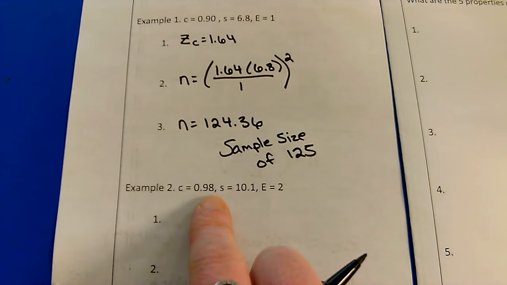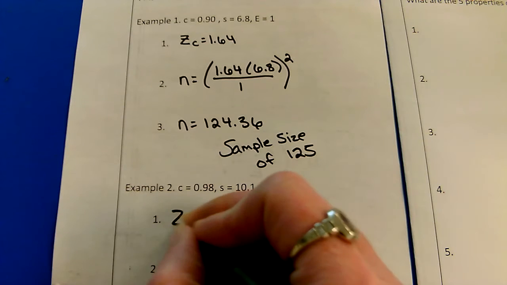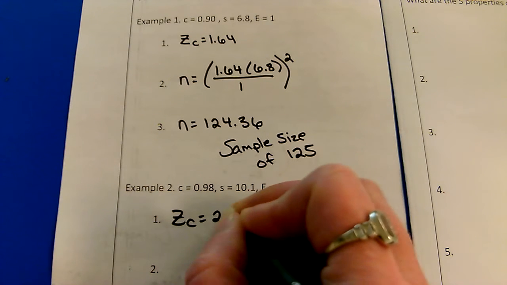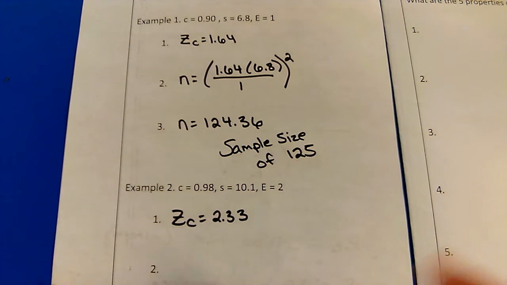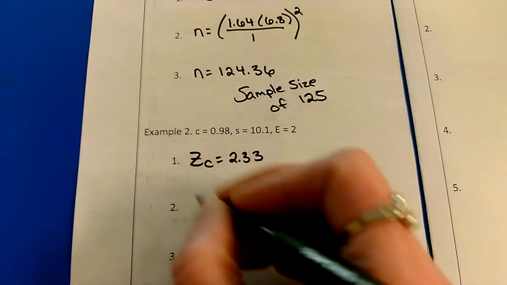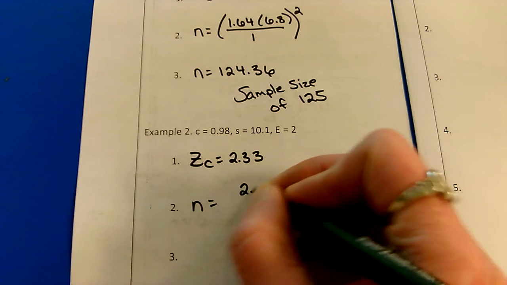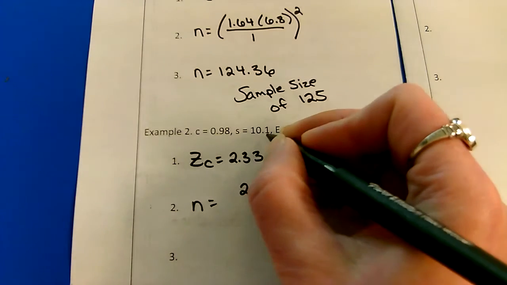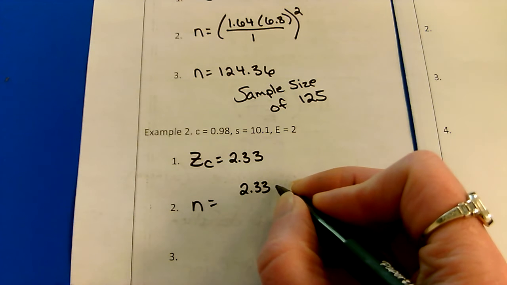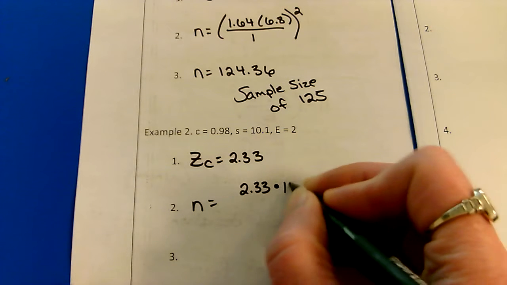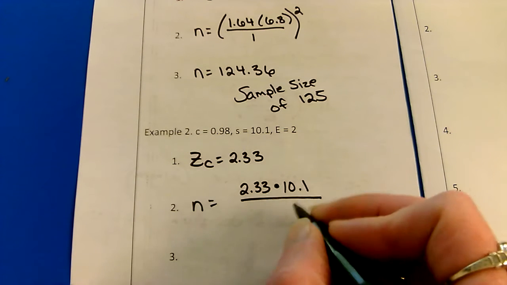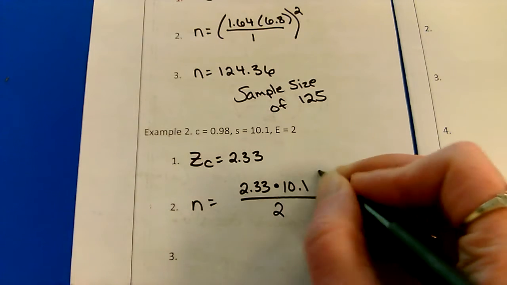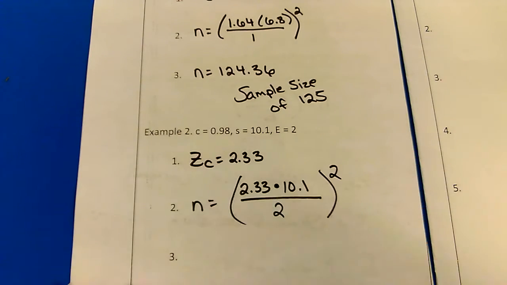If our confidence level is 0.98, that's a z-score of 2.33. And we'll just plug everything into the formula. That's going to be 2.33 times, this time my standard deviation is 10.1, divided by the error, all of that squared.